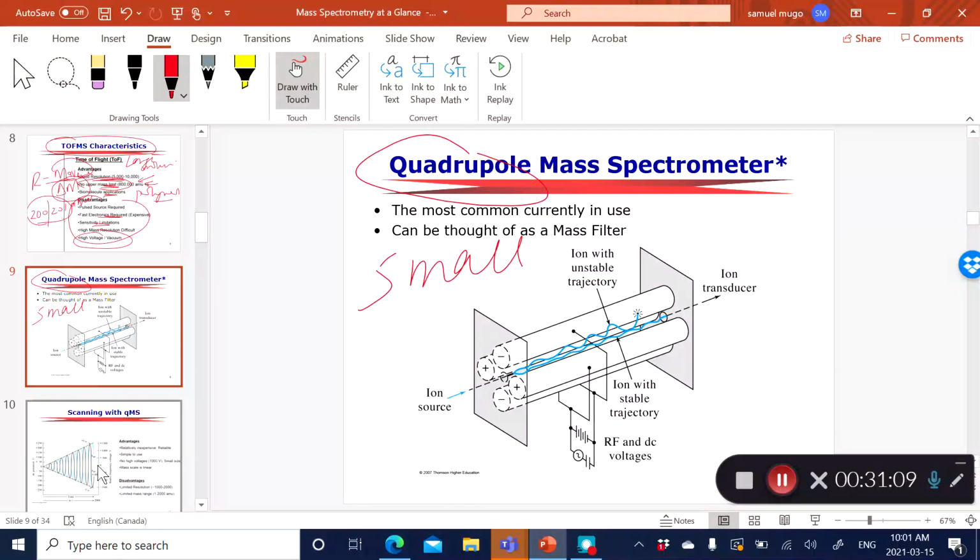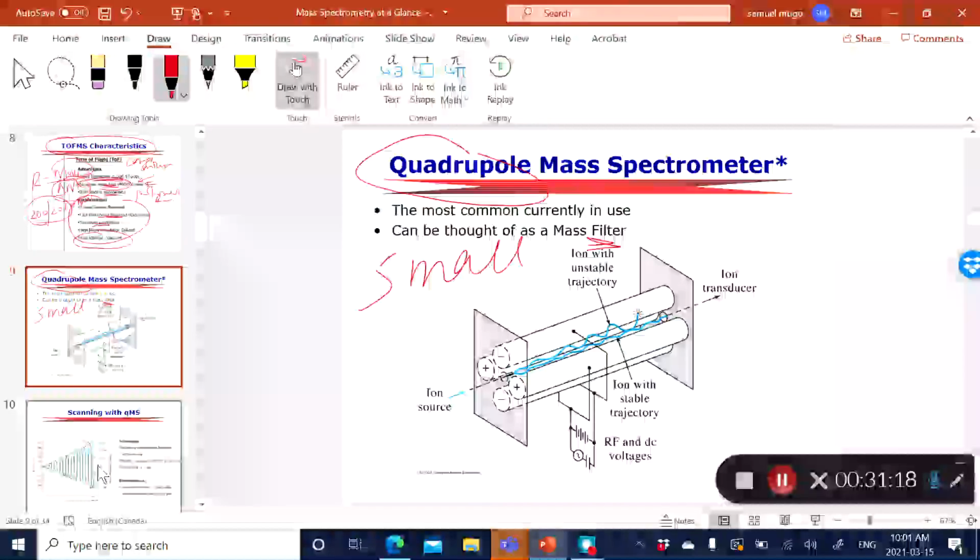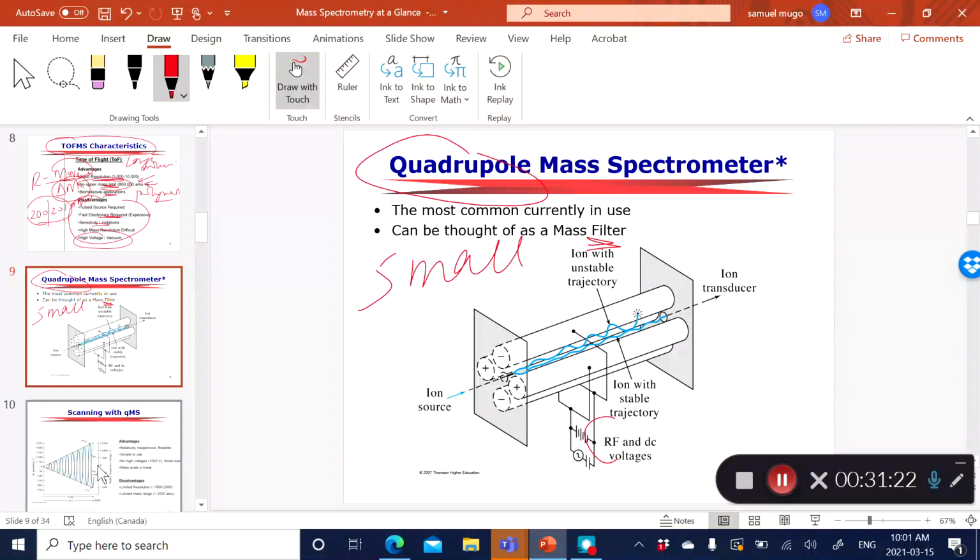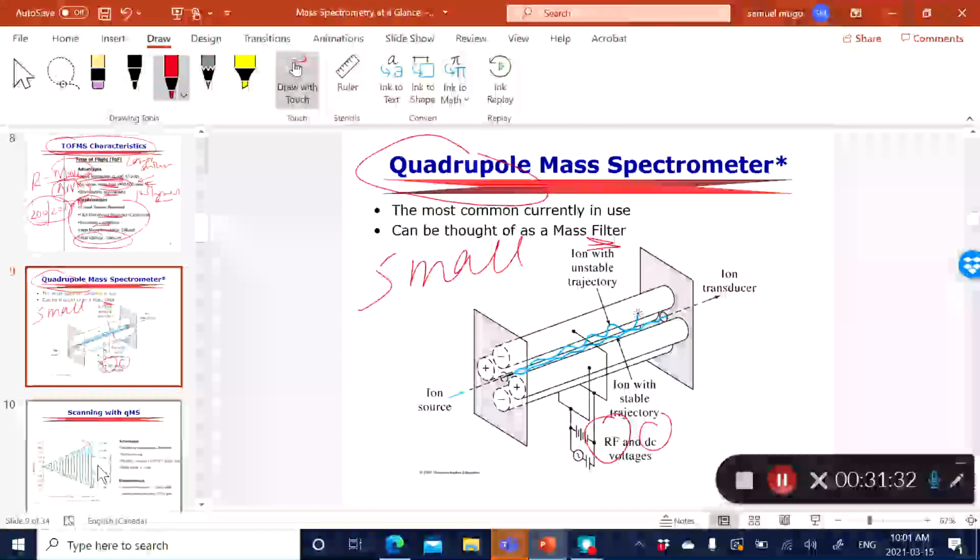The quadrupole mass analyzer, which sometimes people call a mass filter, is based on using four sets of rods on which you superimpose a radio frequency field as well as a direct current field. So you can see again, they are all based on electrostatic analyzers, so to say.